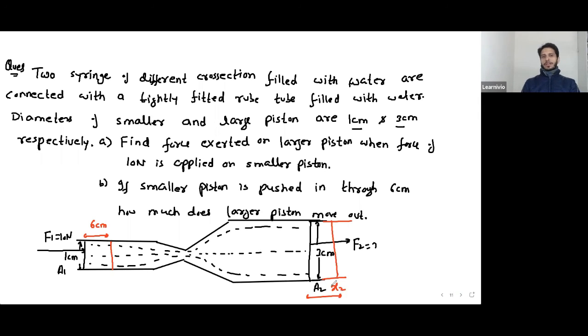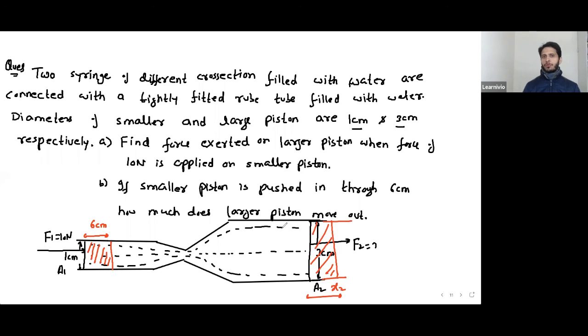To calculate this x2, you can use one logic. If you push this piston inwards, that means you are pushing some liquid inwards. The larger piston will move outwards, meaning some liquid will get pushed outwards. Some volume will get pushed outwards.